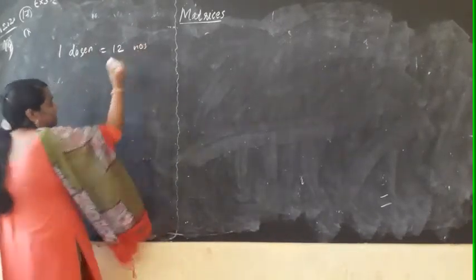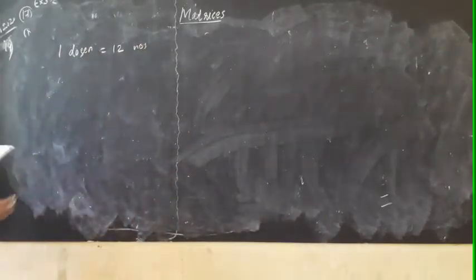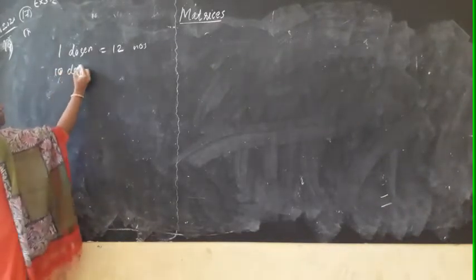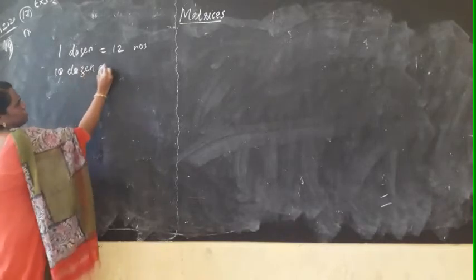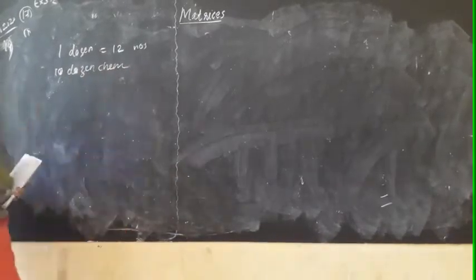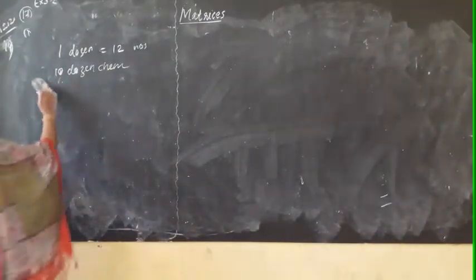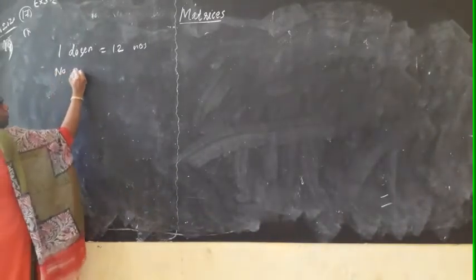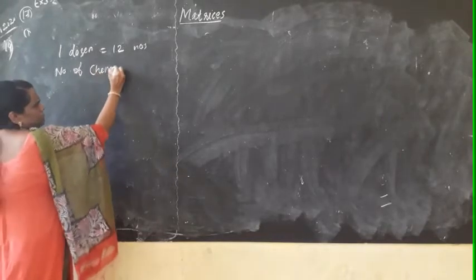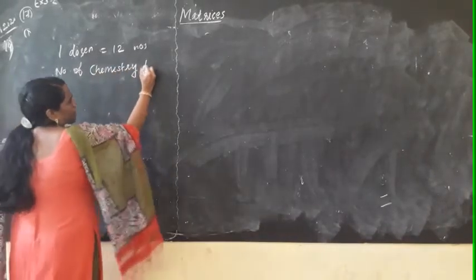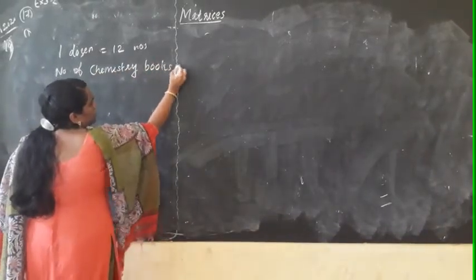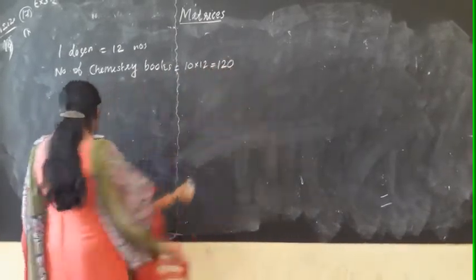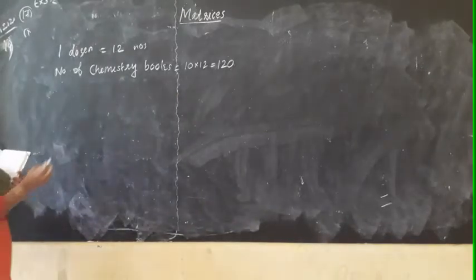Then 10 dozen chemistry books means how many chemistry books? 10 into 12. Number of chemistry books, 10 into 12, 120 chemistry books. And 8 dozen physics books.